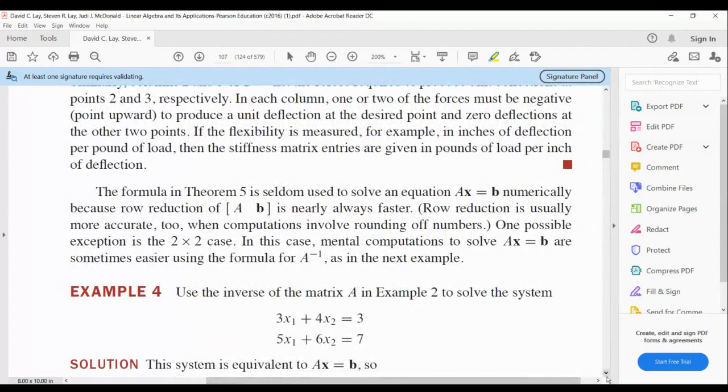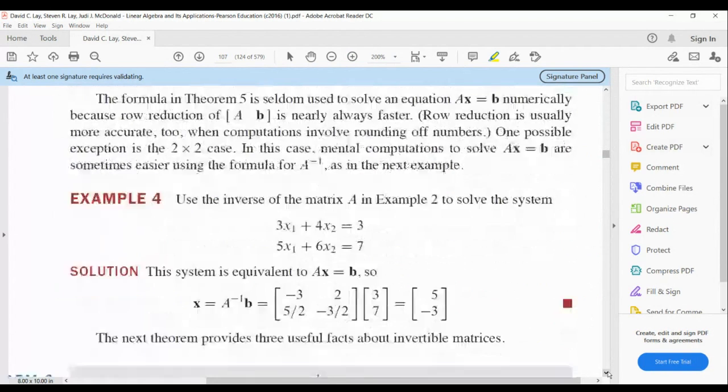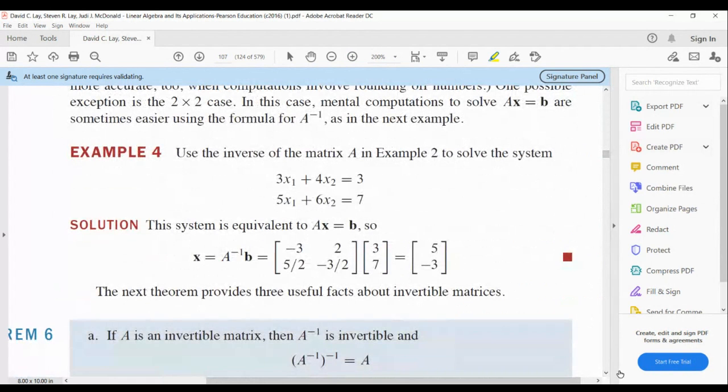And so then X will equal A inverse times B. And that's yet another way to do it. Now, in practical work, there are numerical notes at the end of every section.